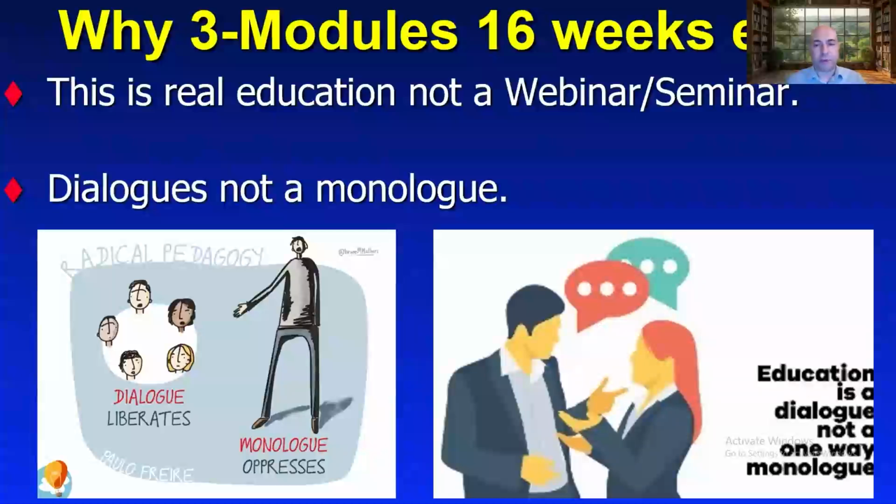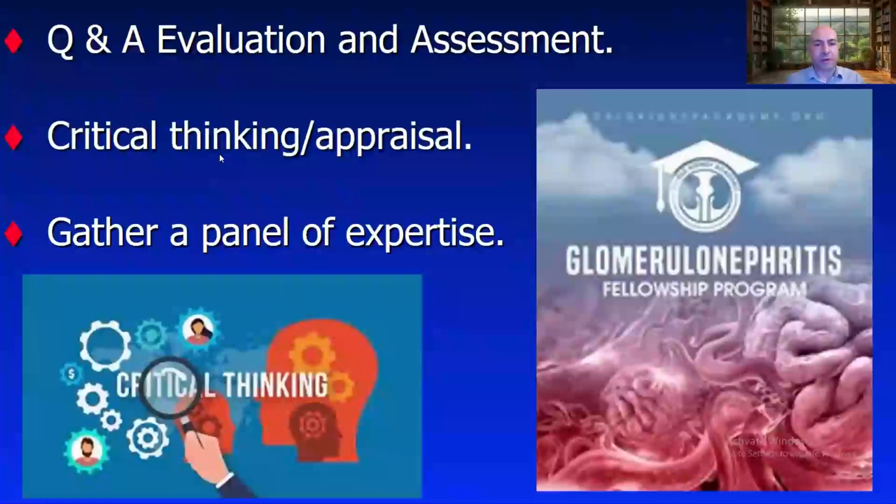So we offer them a lot of scientific materials, including clinical case scenarios, lectures, journal clubs, and MCQs. They are not really for assessment or evaluation, but they are educational MCQs, because when the fellows submit their answer, they receive the correct answer with a detailed explanation.